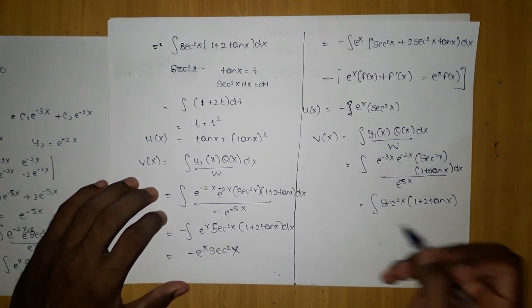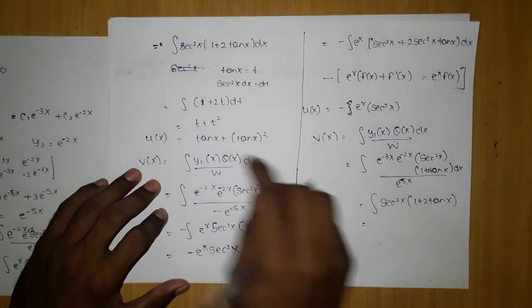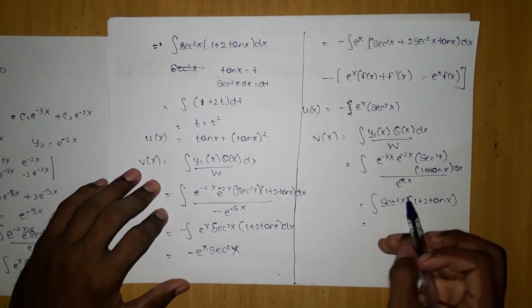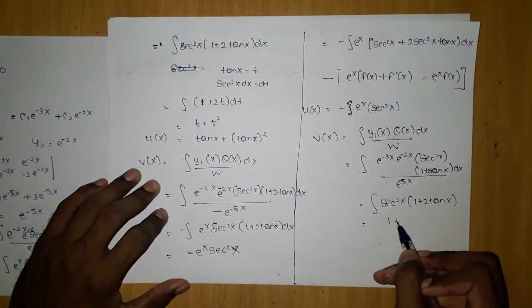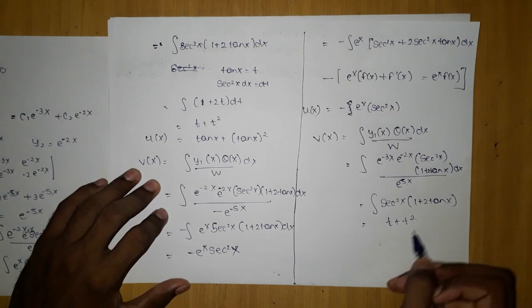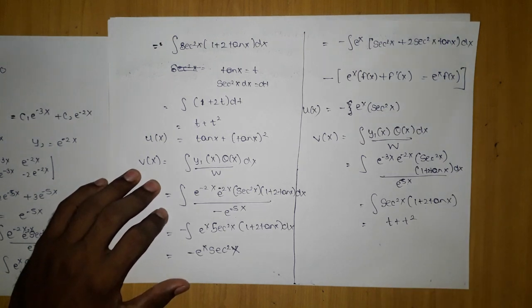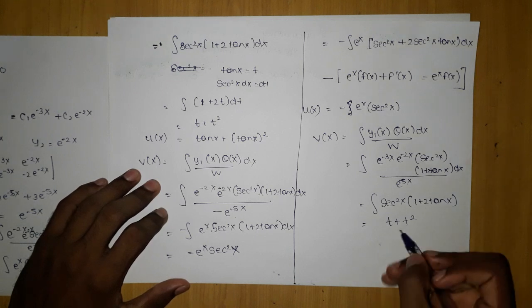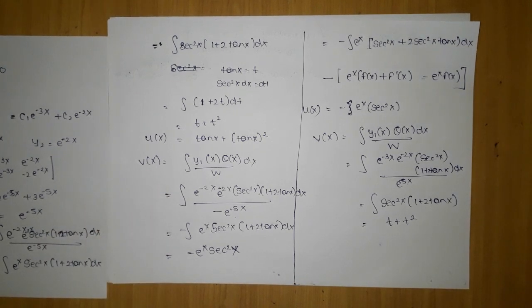And here you know, if I take tan x as t, I will again get the final answer like this only, which will be 1 plus t plus t square, which will give me this answer. So we are getting this. Here what has happened is that u of x and v of x are interchanged, and so y1 and y2 are interchanged.